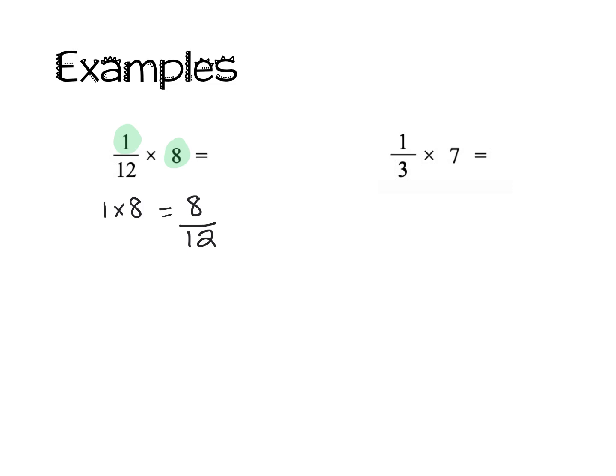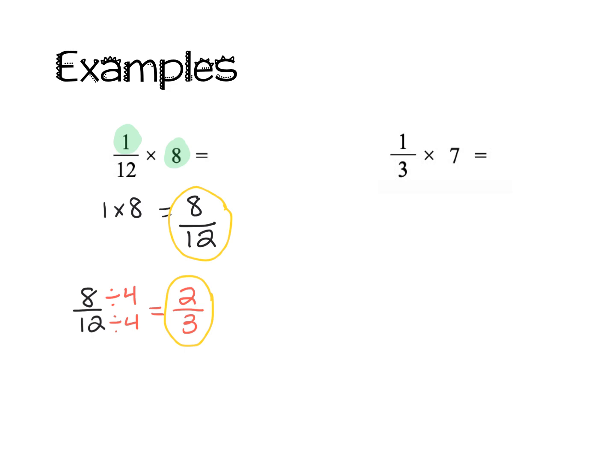So if I look at the factors of 8 and 12, they both have factors of 2 and they both have factors of 4. So if I wanted to simplify this or put it in lowest terms, I could divide both of them by 4 and get 2/3. So either of these answers are correct because they are equivalent.